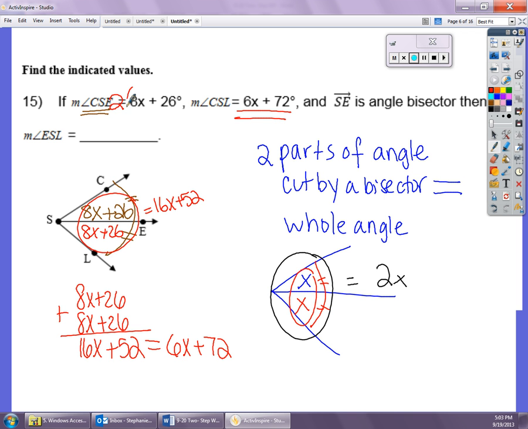So you can actually just set them equal to each other. So 2 times the angle that's in the part of the 2 bisected angles, 2 times that will give you that answer. So you can also do that.